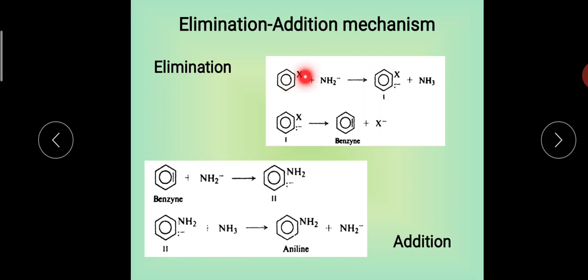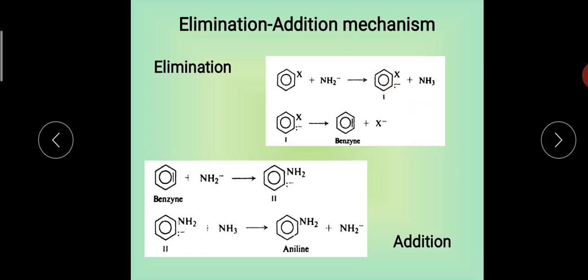In this case the leaving group is your halide. The proton which is ortho to your leaving group is abstracted by the nucleophile, and this gives rise to a carbanion. A carbanion intermediate is one which consists of a carbon carrying a negative charge on it.